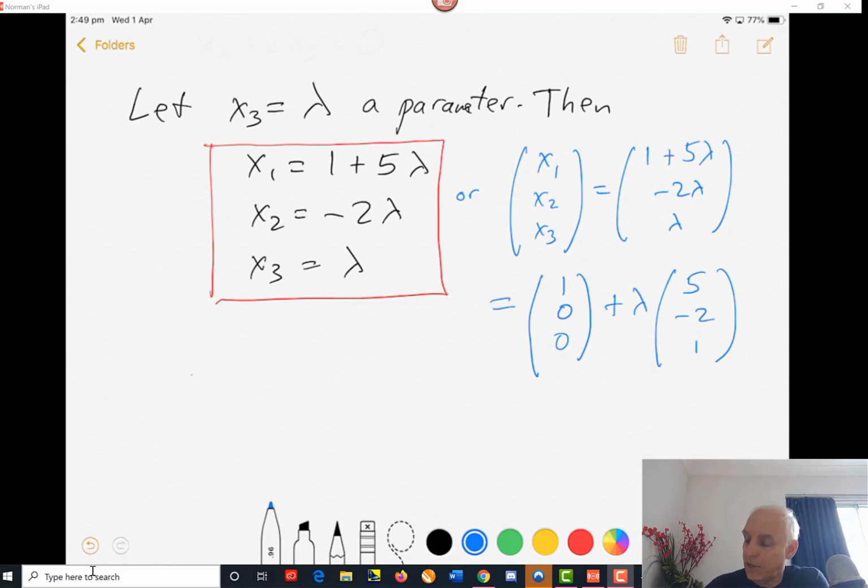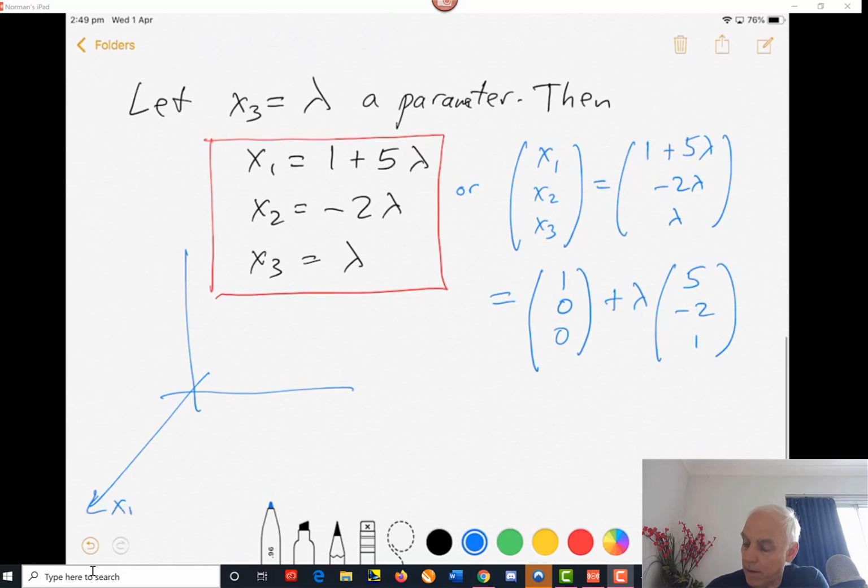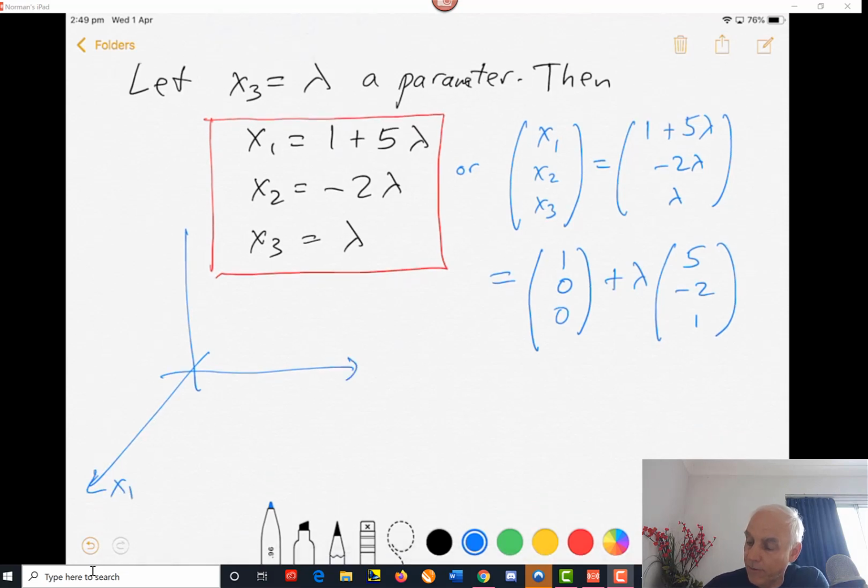So what is that in terms of a diagram? There's x1, and there's x2, and there's x3, maybe there's 1, 1, 1. Then 1, 0, 0, that's that point there. So it's a line that passes through that point, and a direction vector for it. We have to go 5 in this direction, minus 2 in this direction, and 1 in this direction. So that's a total of 5, and then over here, and then up here. So maybe something like that.